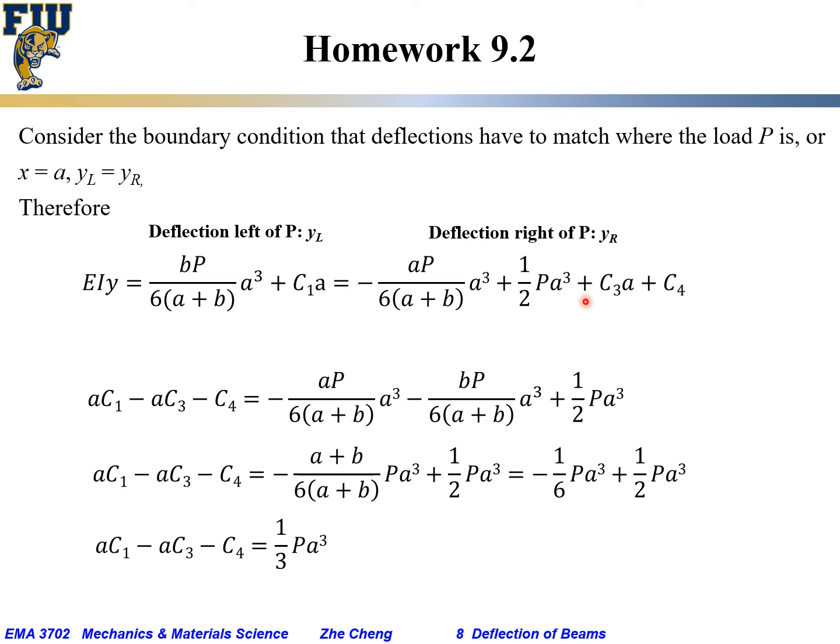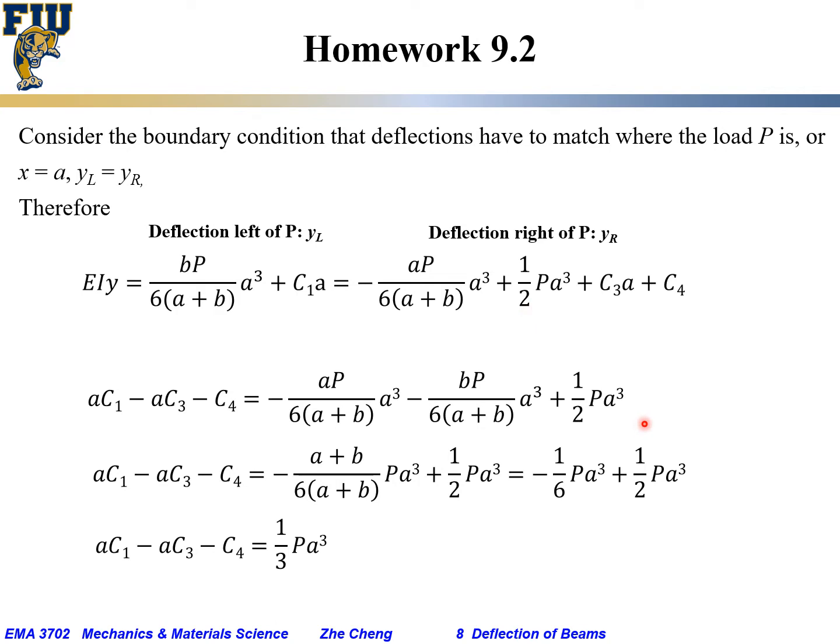And if we simplify, C1 A we keep, AC3 moved to the left becomes minus AC3, and C4 moved to the left is minus C4, equals the first term AP over 6 (A plus B) A cube we keep, this term we keep, and this term moved to the right side has a minus sign in front, and plus half of PA cube.